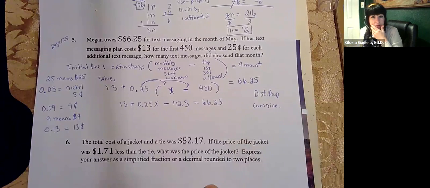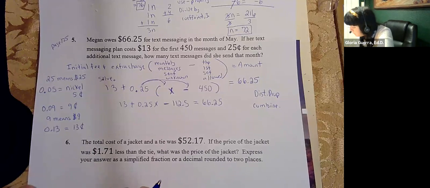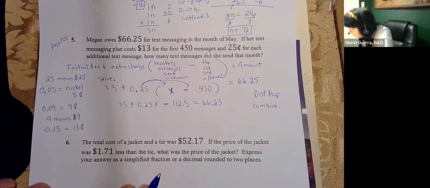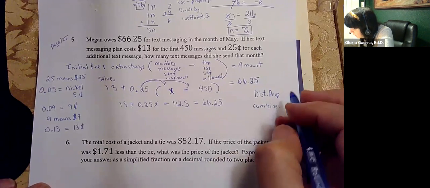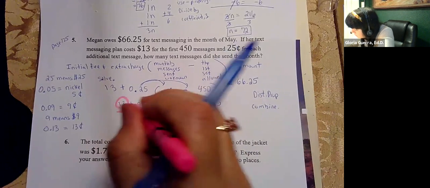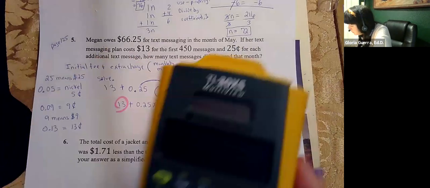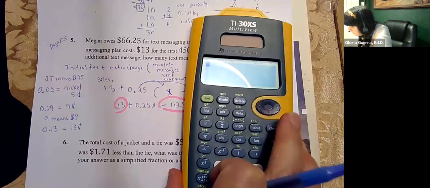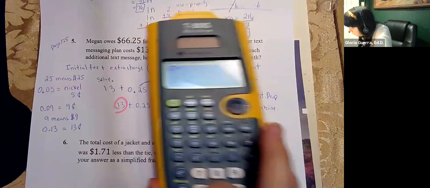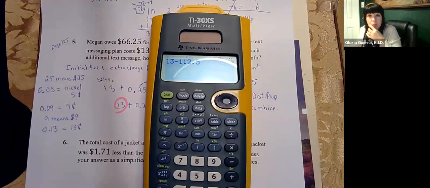So this is where you can pause the video. You can pause the video and finish solving it, and then turn it back on and check your work. Okay, so I'm going to continue going. I'm going to combine my like terms, the 13 and the minus 112.5. I can use a calculator for that. So I have 13 take away 112.5, and see how that's being negative.